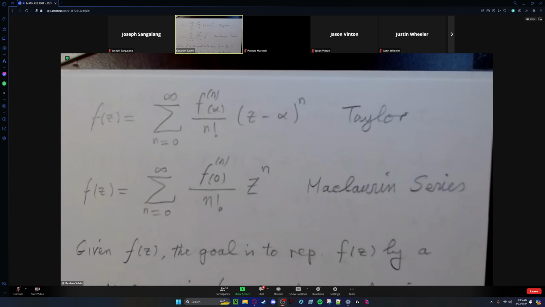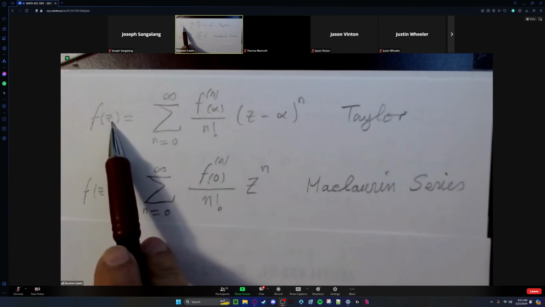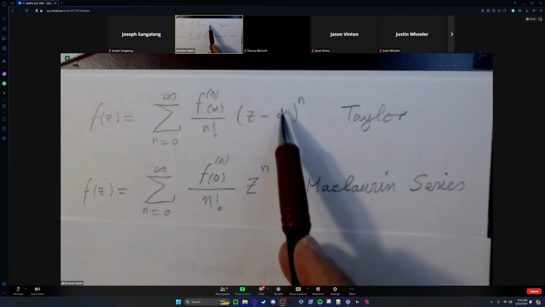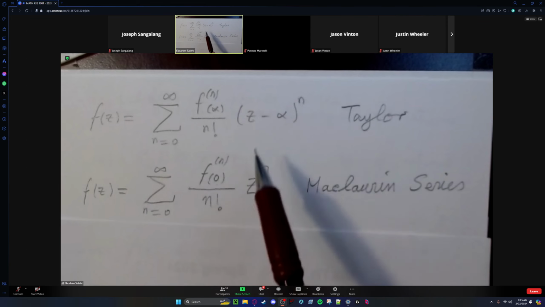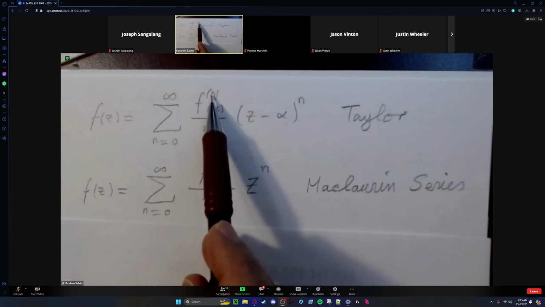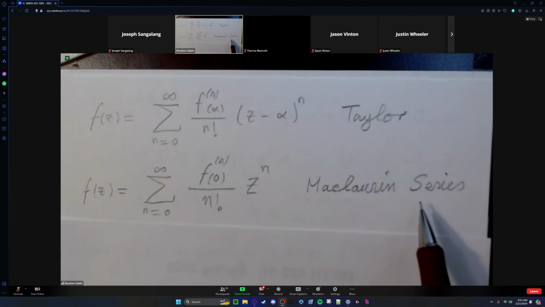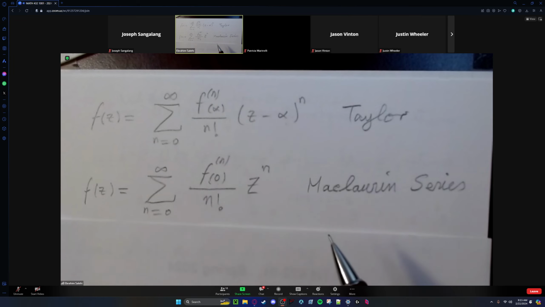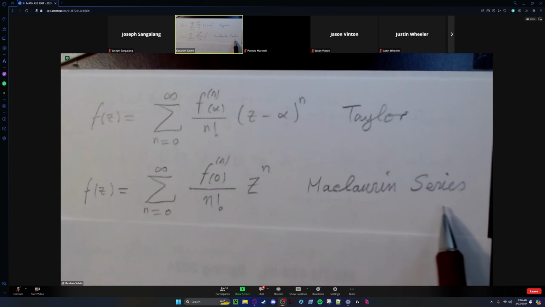So here's a theorem. This is the Taylor series of the function centered at alpha. But sometimes alpha is 0. So here we get z to the n, and we evaluate the nth derivative at 0. This is called the Maclaurin series. It is the same thing, but, well, different names: Taylor series centered at alpha, Maclaurin series.